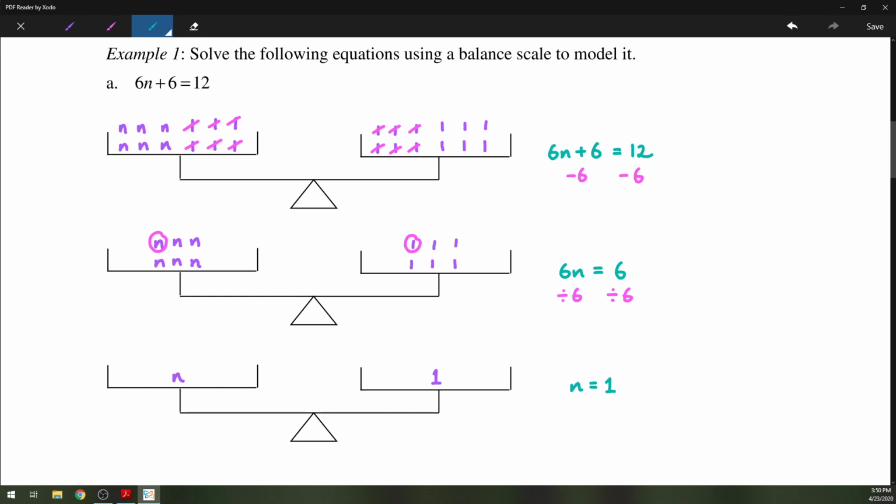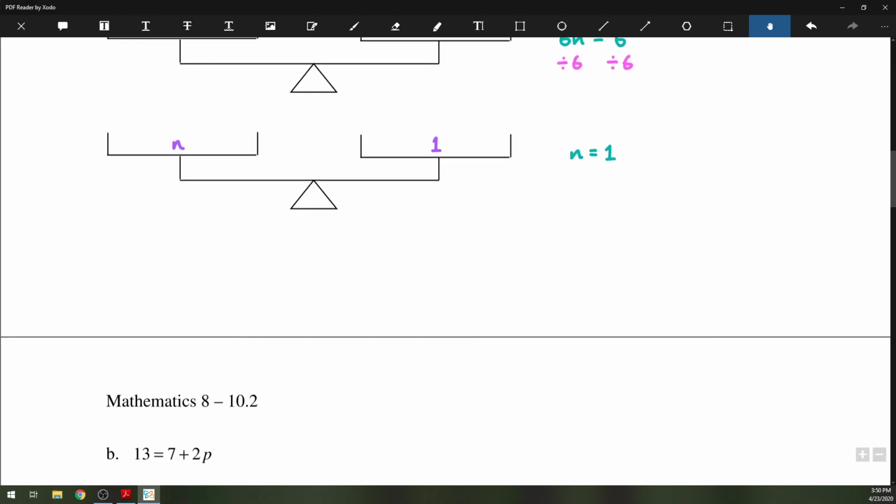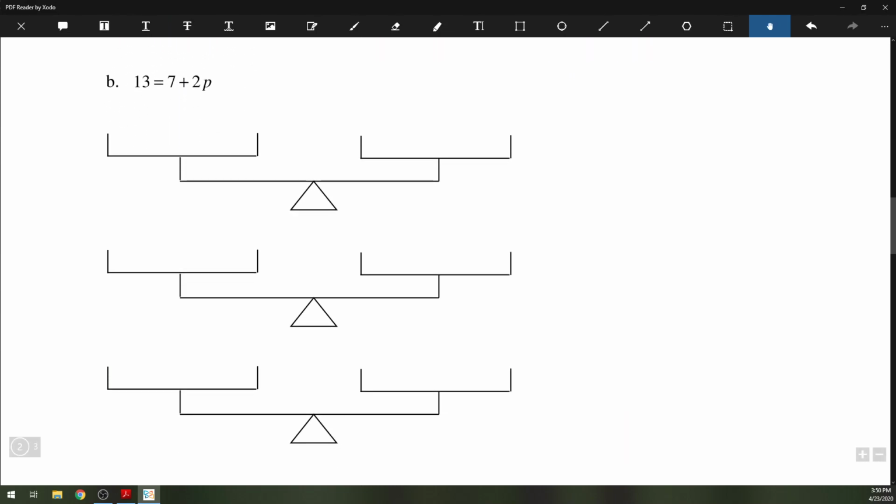Okay, so from there, you can look at another, very similar example. But instead of writing out all the individual ones, we can just write numbers. In this case, we have 13 on the left-hand side of the equation, and then 7 plus 2p on the right. Now, the first step we're going to take is to subtract 7 from both sides.